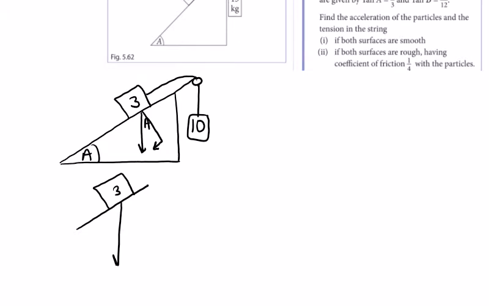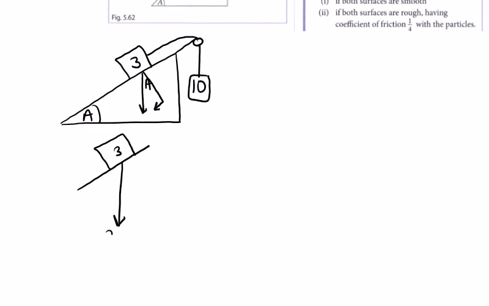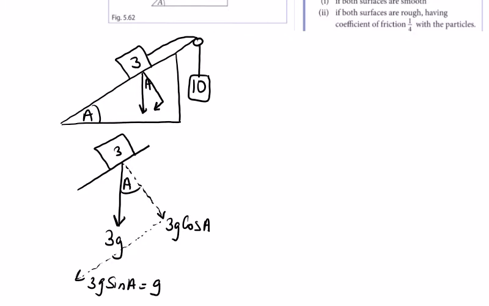So in this direction we have 3g. In this direction I have 3g cos A, and in this direction here I have 3g sine A. We were told sine A was equal to a third, so that's going to be just g.